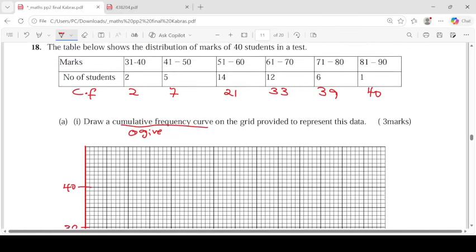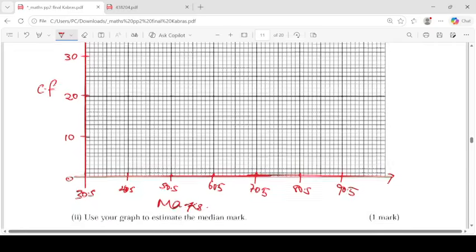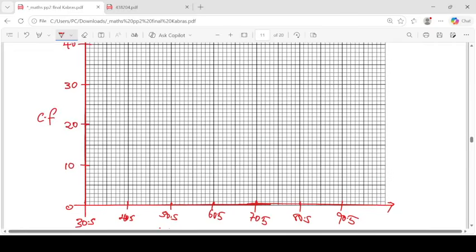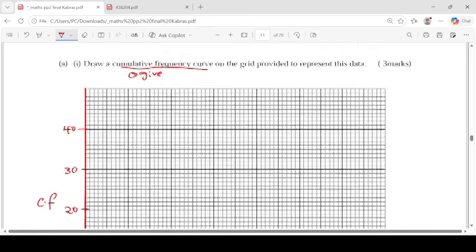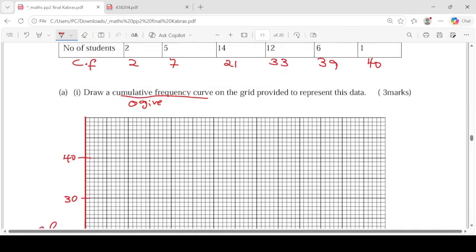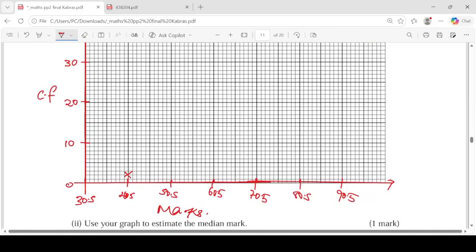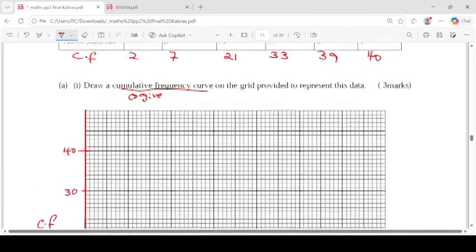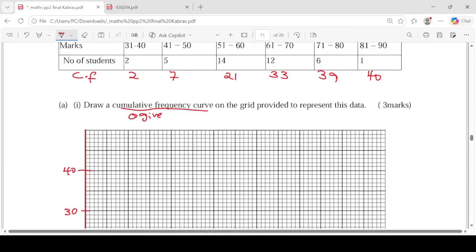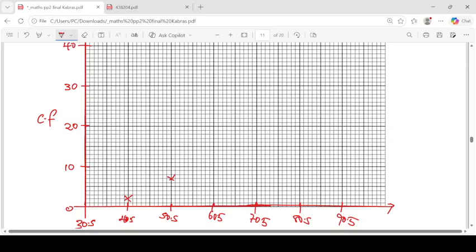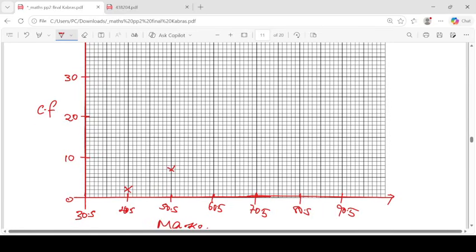Let us see. Up to 40.5, the frequency is 2. Up to 50.5, the frequency is 7. At 60.5, the frequency is 21.